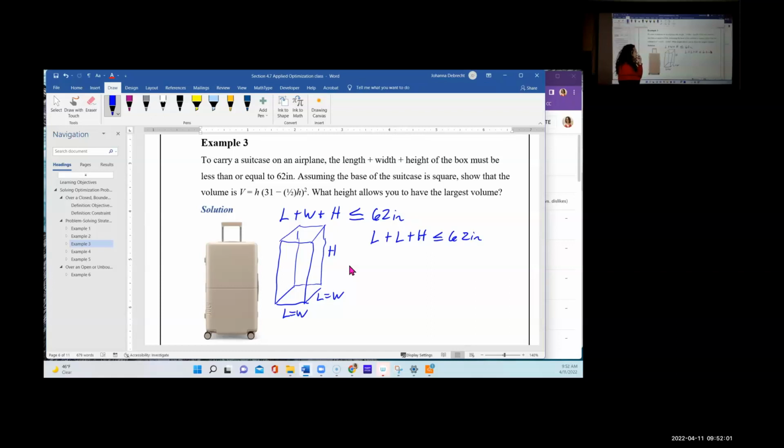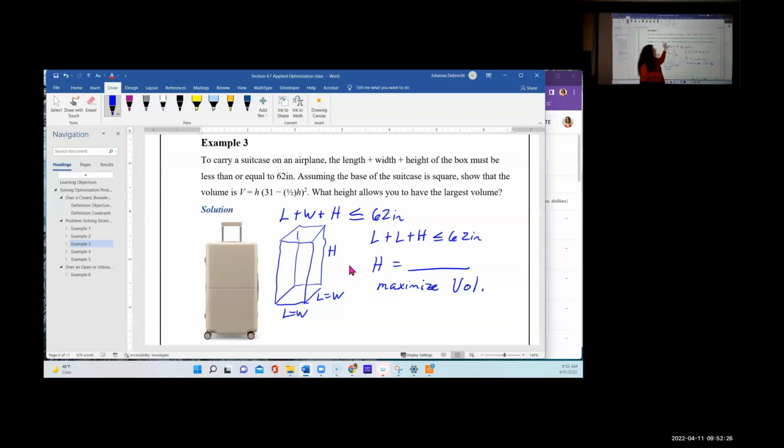What height allows you to have the largest volume? So I'm looking for the height and I want to maximize volume. And I've got to come up with an equation for the volume relating the L's and H's.